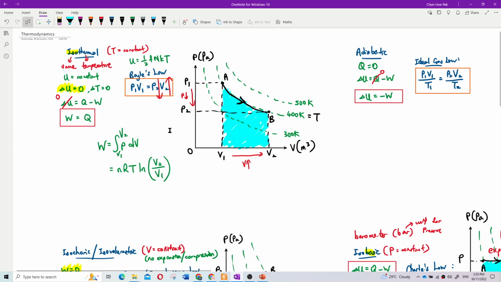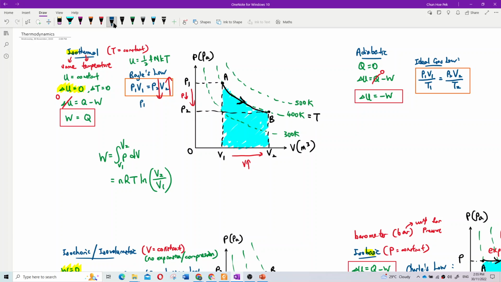This V2 over V1 can also be changed into pressure. Look here. P1 V1 equals P2 V2. So this one can further change into P1 over P2 equals V2 over V1. Correct or not? Just interchange. V1 goes below, P2 goes below. So P1 over P2 equals V2 over V1. Correct, class?